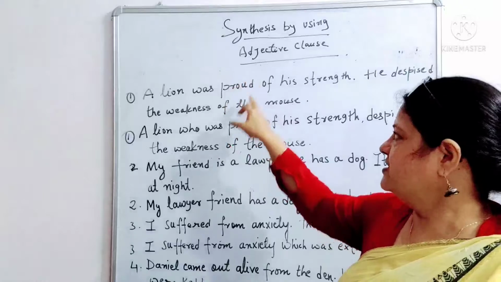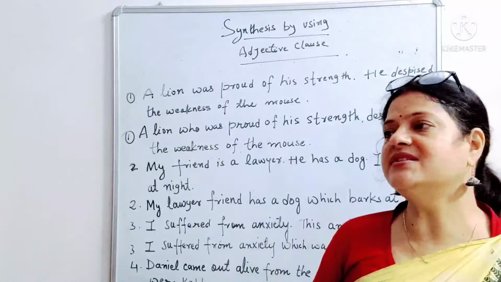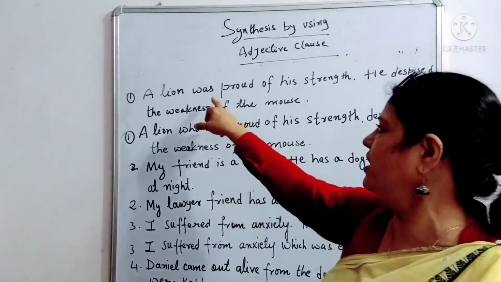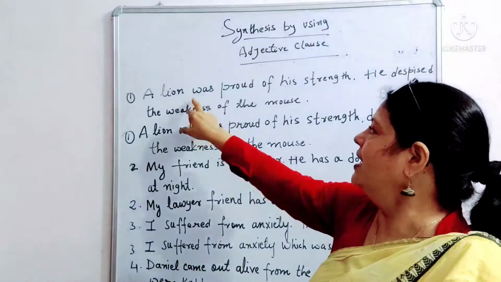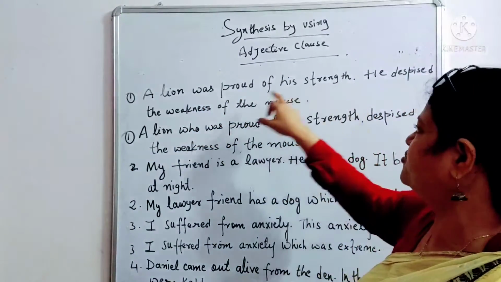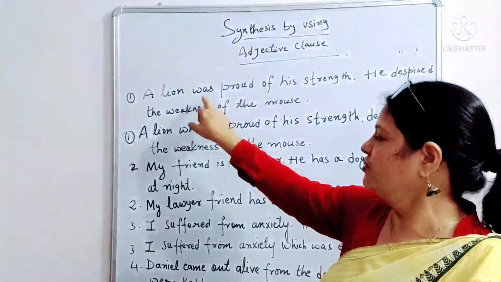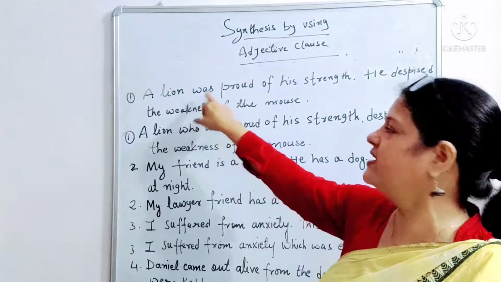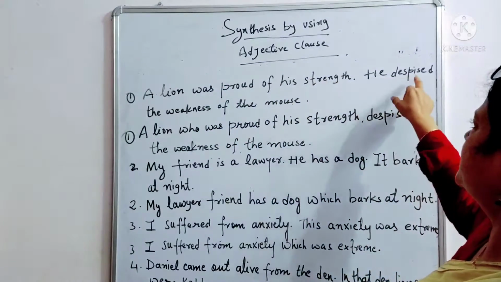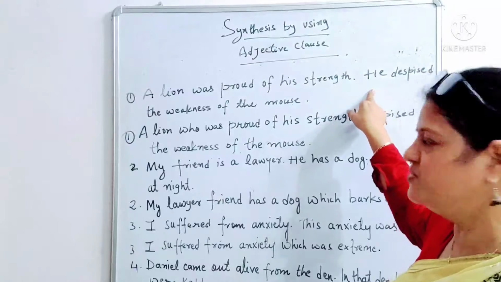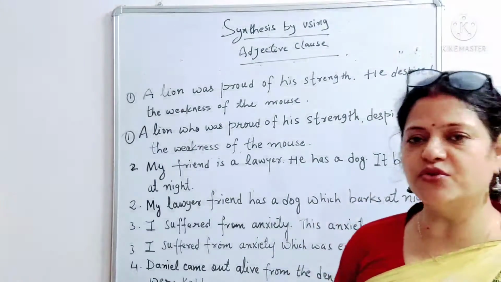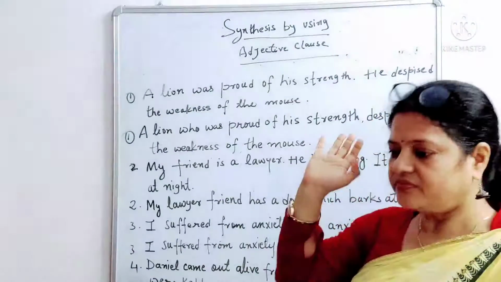Okay. So these are the two sentences, and these are simple sentences because we get only one finite verb here. A lion was proud of his strength. So "was" is the finite verb in the first sentence, and in the second, after the subject "he" we have "despised", this is the verb. Okay.